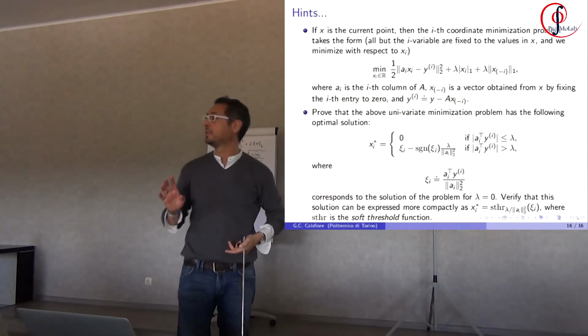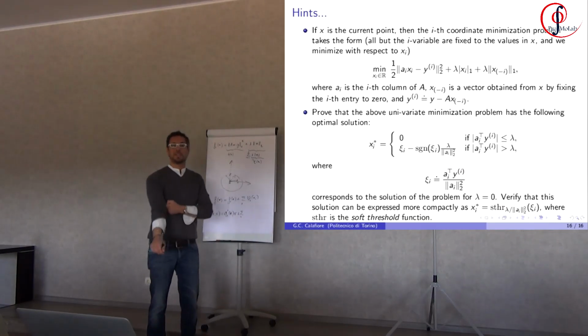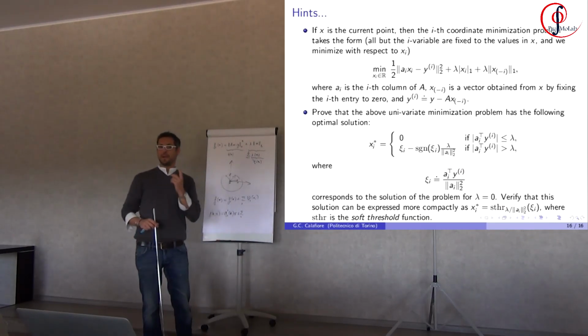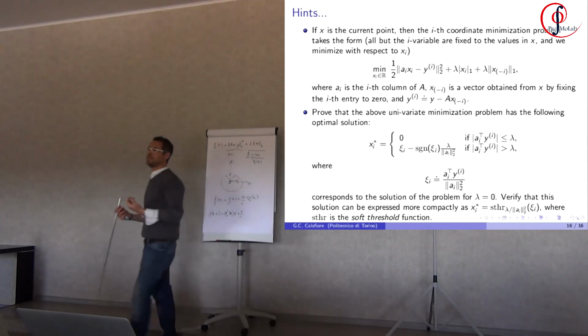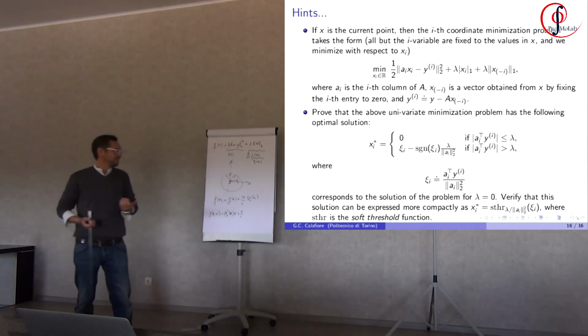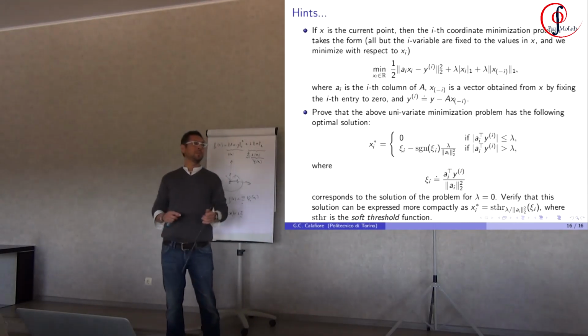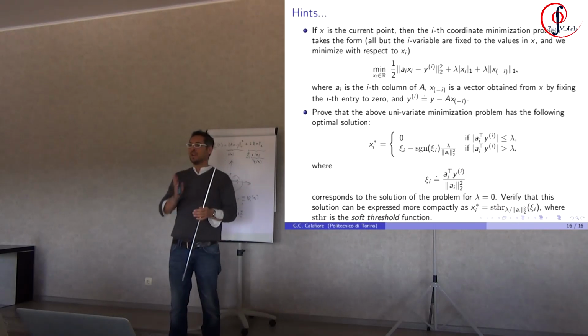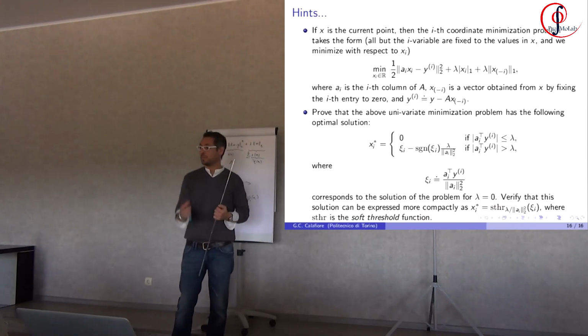Okay, here is a hint, because it's not as simple as it seems. There is one important aspect. Why should we use coordinate minimization? Well, we may be interested in using coordinate minimization when the problem that we need to solve over one coordinate is very simple.